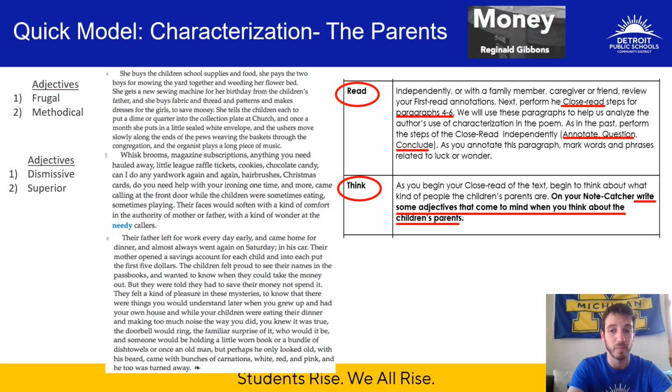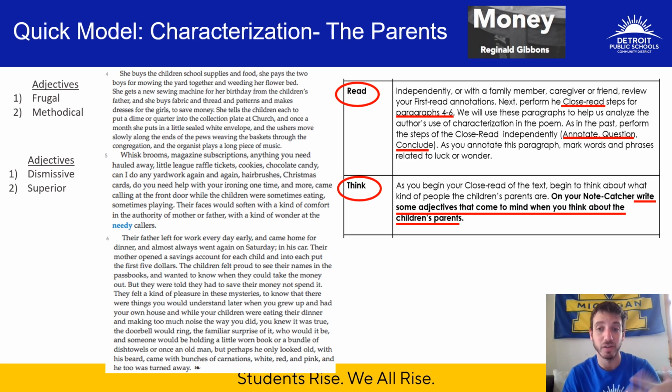All right, this is a really powerful paragraph. I mean, it's the last paragraph, but also this is the shift between what is happening in these children's lives, with how they're witnessing their parents and what they're doing to people that come to the door, how they're turning them away automatically, even without really listening to what they have to say. It's showing that this is going to be passed on from generation to generation.